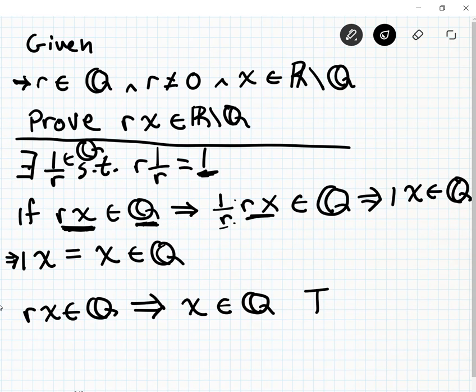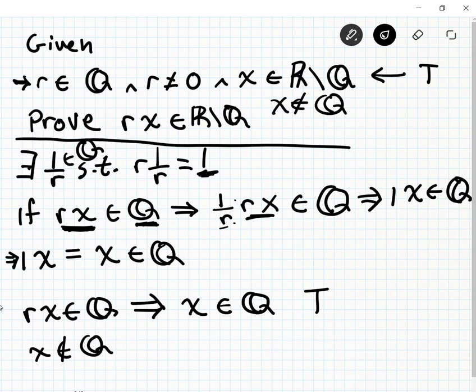But what's also a true statement, given all this information, is that X is not rational. X is irrational. So we're also given that X is not rational.